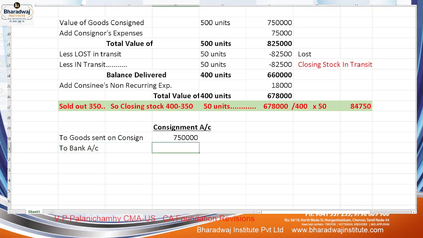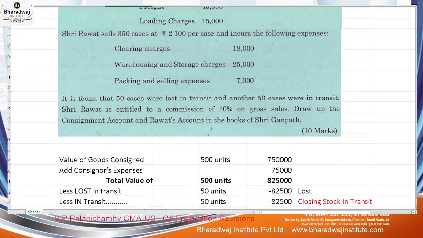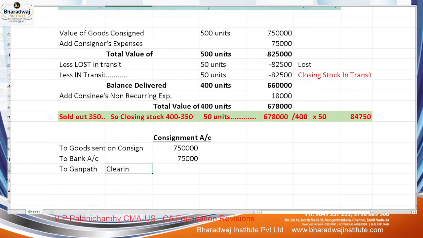To bank account, in the exam you must mention individually, but it's okay. Total, we can put it like this. Who is the consignee? What is the name of the consignee? Ganpat. Final expenses spent? Clearing charges 18,000.